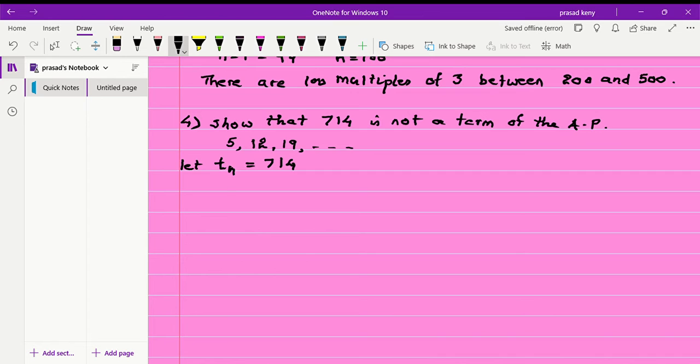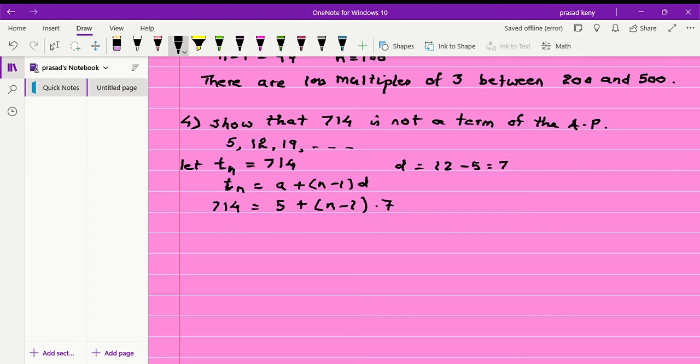Now use the Tn formula. Tn is equal to a plus n minus 1 into d. That is 714 is equal to 5 plus n minus 1 into. Now here what is the common difference? d is 12 minus 5, which is 7. So into 7 here.